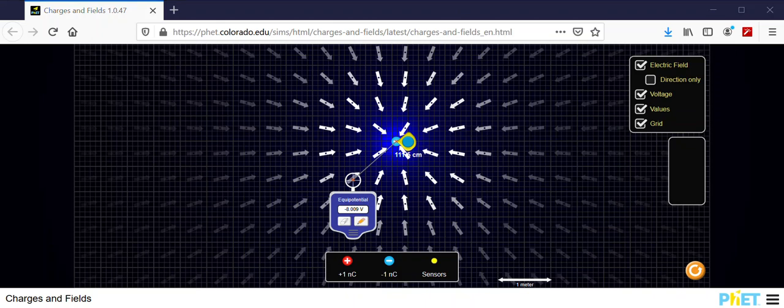Then you have to prepare an Excel spreadsheet recording all these values, and then find a graph and find the best fit relationship. Basically you have to determine what relationship exists between the distance away from the charge and the voltage.